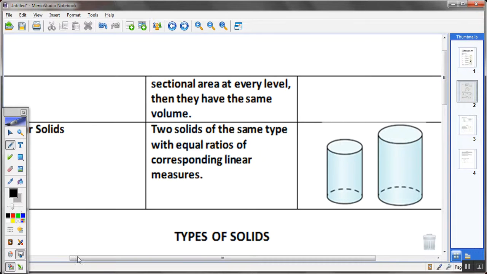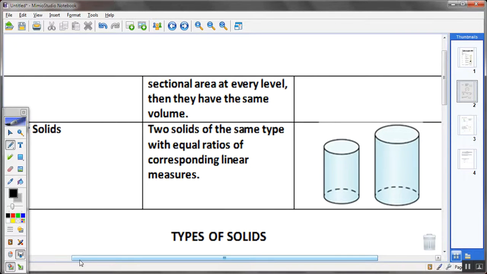And then we're going to talk about similar solids. Similar solids are two solids of the same type with equal what? Ratios of corresponding linear measures. Okay, so if I tell you the height of this is, I don't know, 4, and maybe the height of this one is 5, and if I tell you the distance across here is, I don't know, 2, anybody have a guess what the distance across here would be?